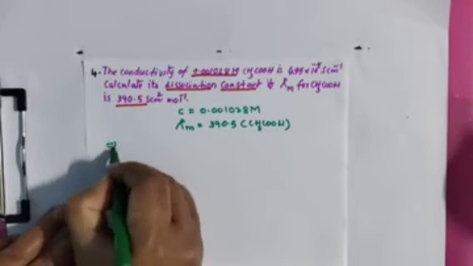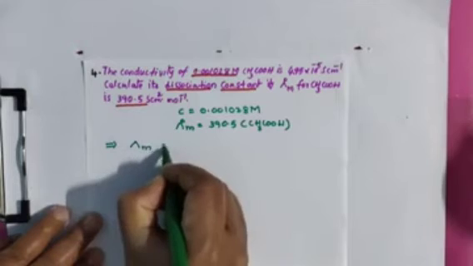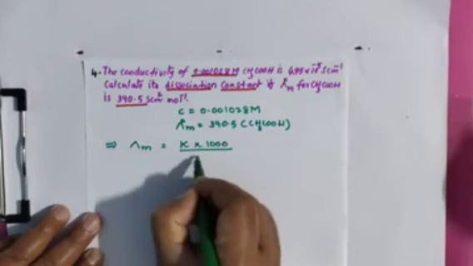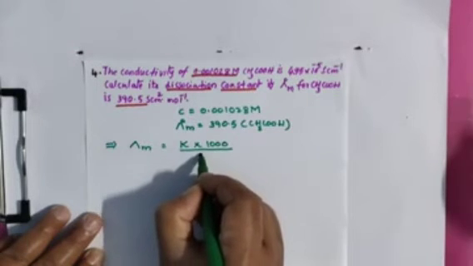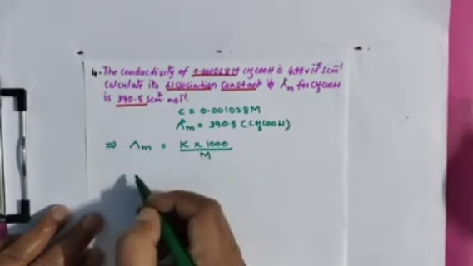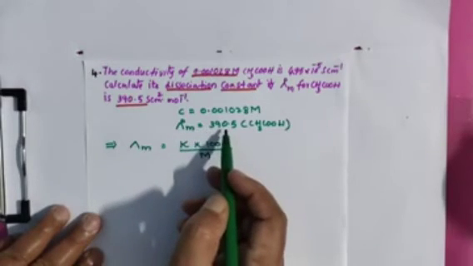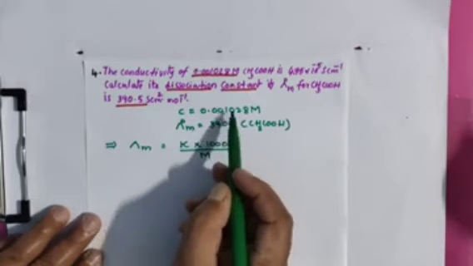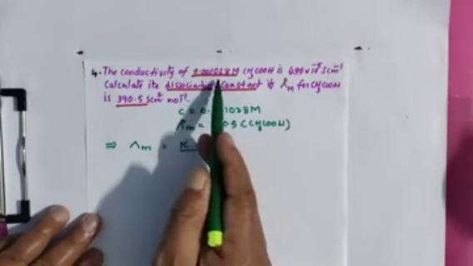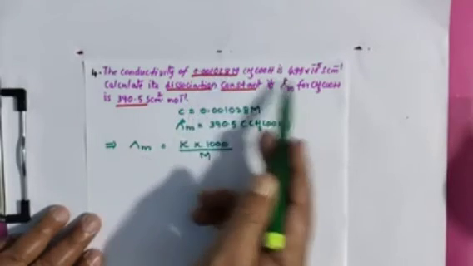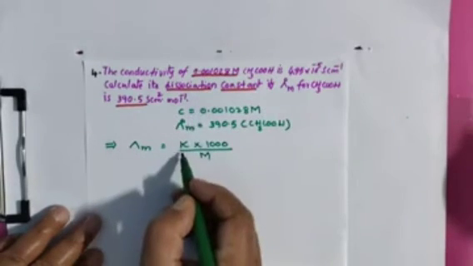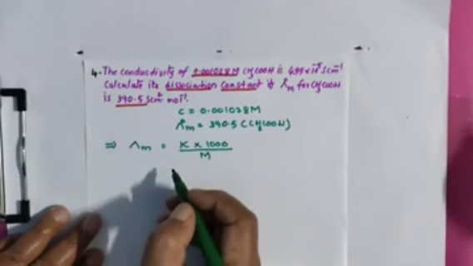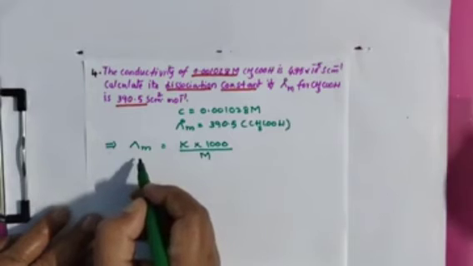So cap m equal to kappa into 1000 upon molarity. And cap m value they only given here. Concentration given and cap m also given. From this we can calculate K value. Clear? And cap m also we can calculate.